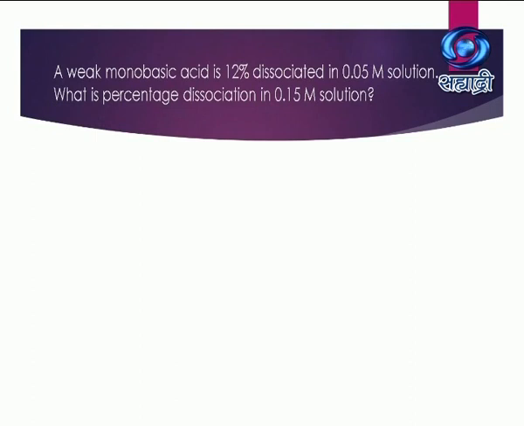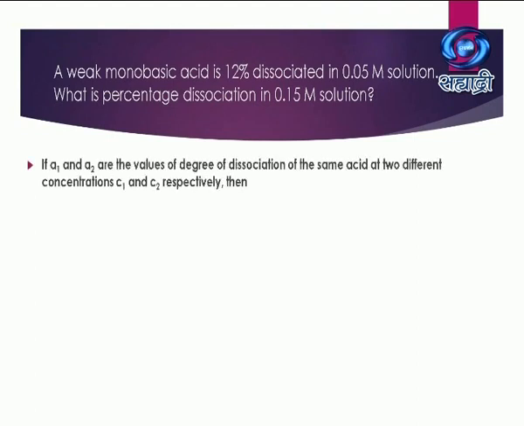The next problem: a weak monobasic acid is 12% dissociated in 0.05 molar solution. What is the percentage dissociation in 0.15 molar solution? Now, if alpha 1 and alpha 2 are the values of the degree of dissociation of the same acid at two different concentrations, C1 and C2 respectively, then Ka is equal to C1 alpha 1 square is equal to C2 alpha 2 square.